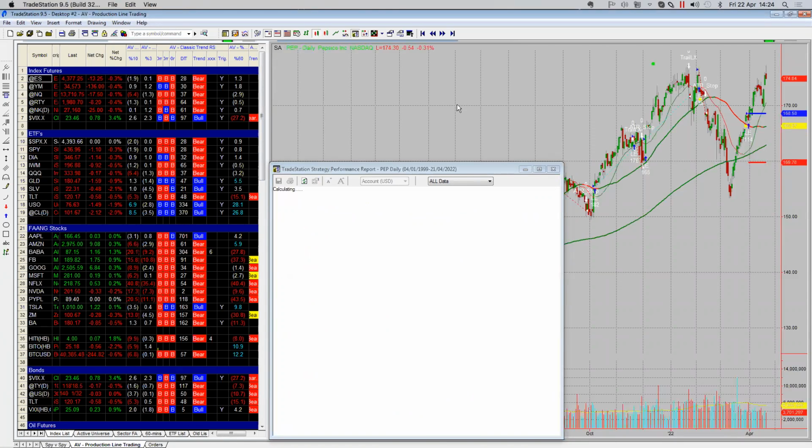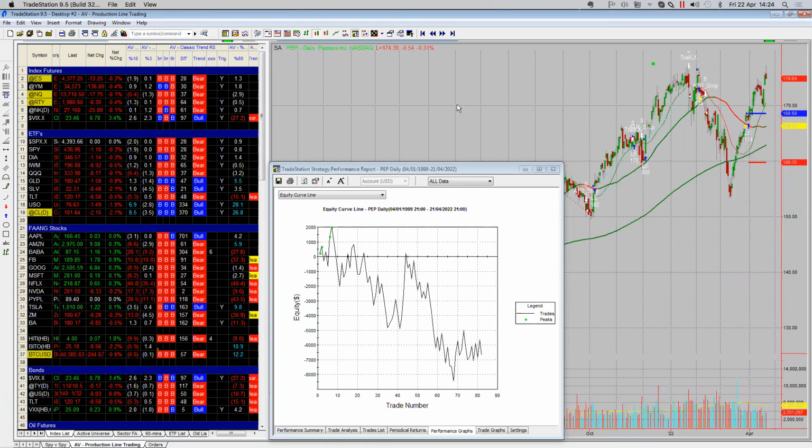It's not that it's a bad company. It's a multinational, big mega cap stock. It's got great dividends. It makes a profit. It's a good company. It's probably going to continue to be a good company.